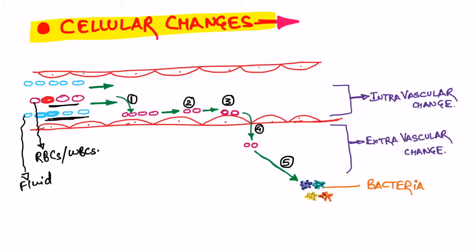Why are they moving like this? Because they want to minimize the resistance to the flow of blood, and they are moving like this by axial laminar theory.